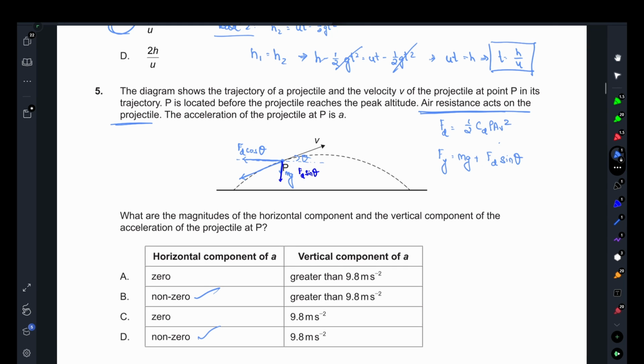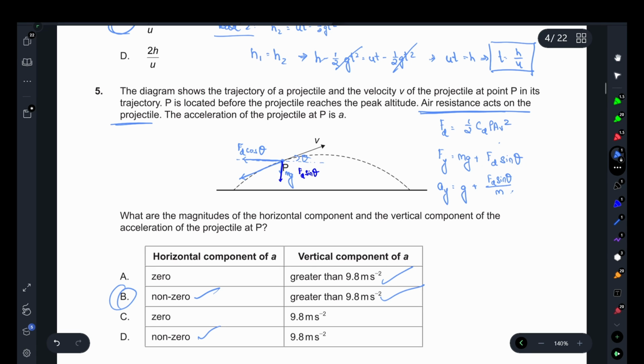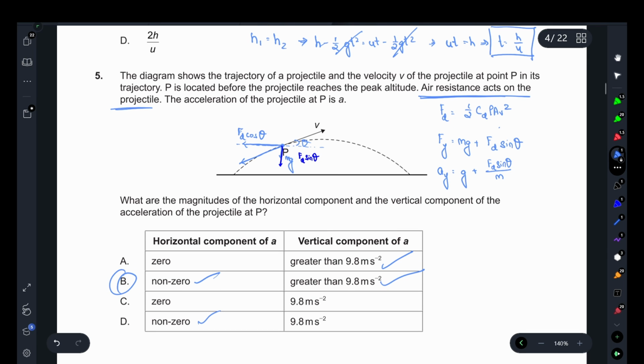This means that the acceleration in the y-axis is equal to g plus Fd sine theta by m. Now, this immediately means that the vertical component of acceleration is greater than 9.8 meters per second squared because of this Fd sine theta that is present. This is a tricky one, guys, so watch out.